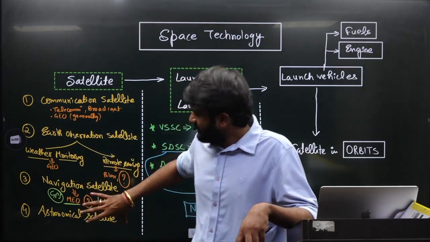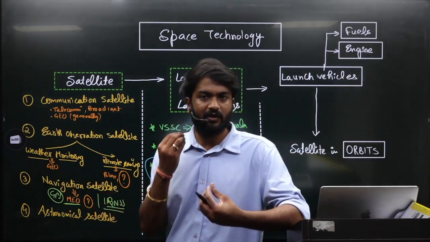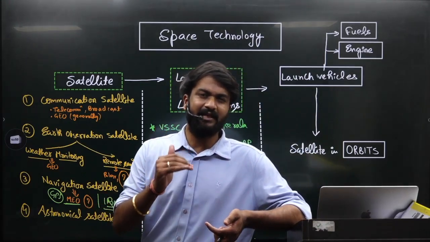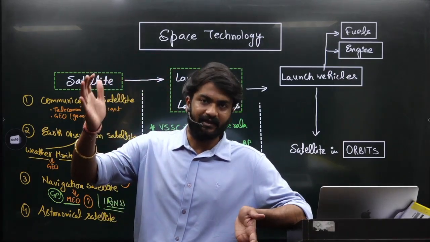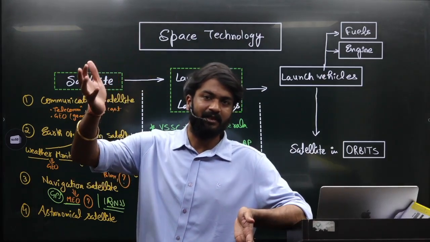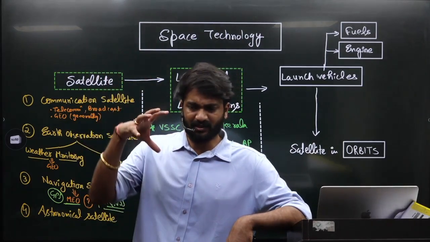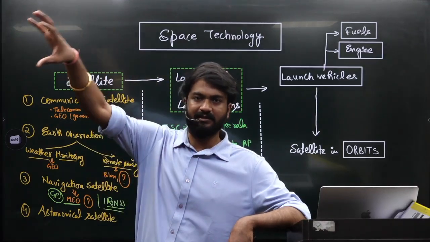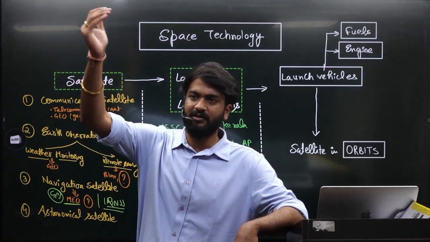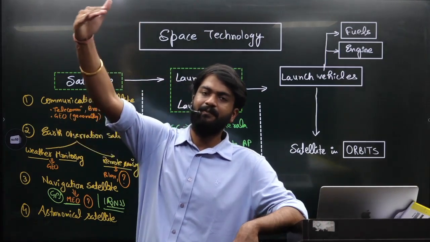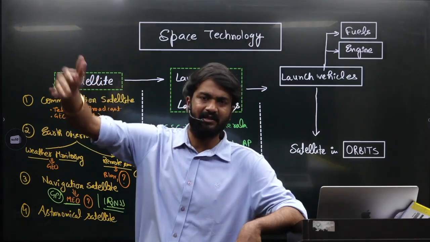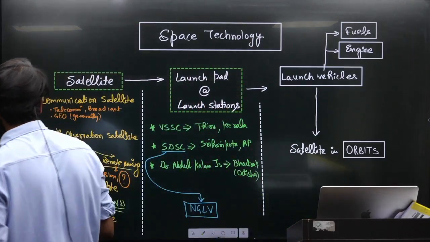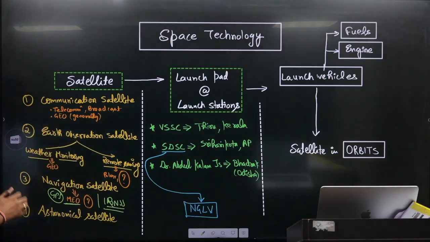So astronomical satellites can be placed in any of the orbits, but majorly they are placed in high earth orbits, so that they can be out from the interference and they can study the universe much better. So they are not majorly for the earth, they are for other things, maybe the star system or the universe system. So they are generally placed out of the earth, against the interference, and hence generally in the higher earth orbits. Okay, so I think this is clear.